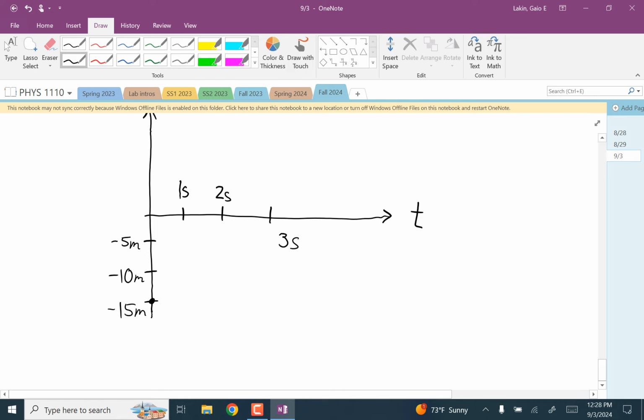At time 1 second, the position is negative 10 meters, so this. At time 2 seconds, the position is negative 5 meters, so this.